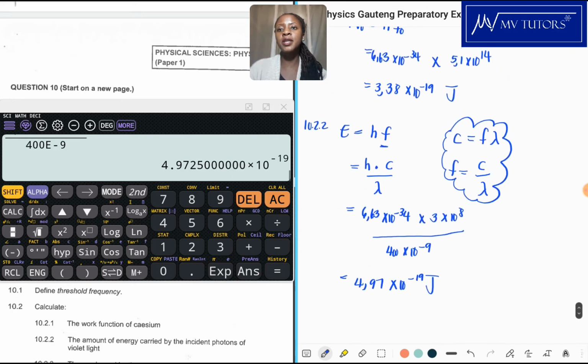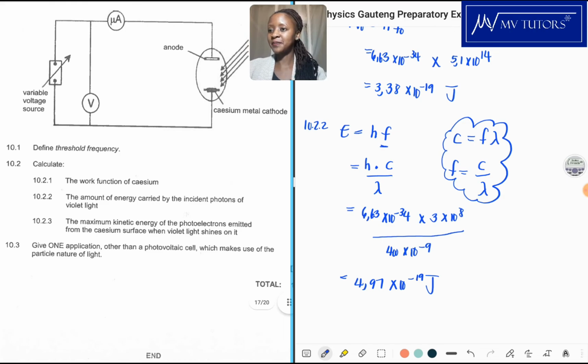Okay, so our work function was 3,38. It's just the minimum energy that they needed to actually start doing something, rising up, whatever. 4,97. The kinetic energy is the one that's actually required to get them moving. So, the maximum kinetic energy of the photoelectrons emitted from the cesium surface when violet light shines on it. Basically, work function is the energy needed to just wake them up.